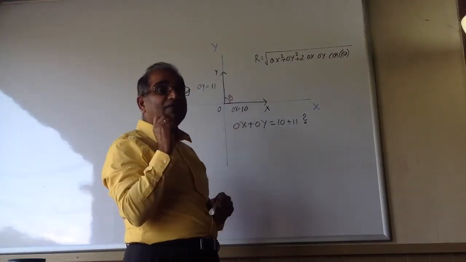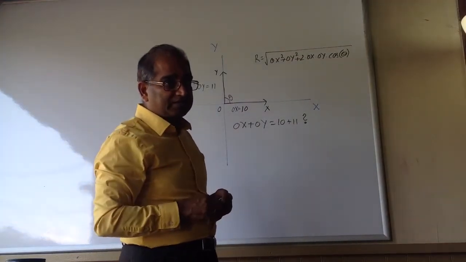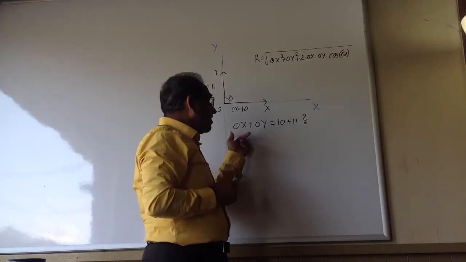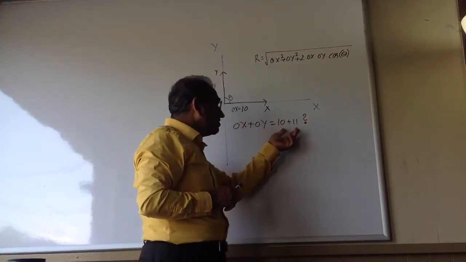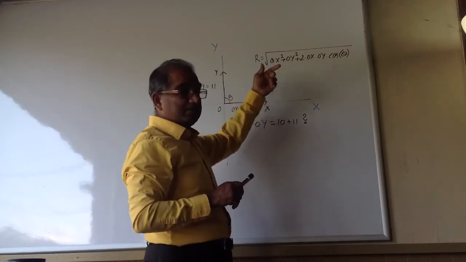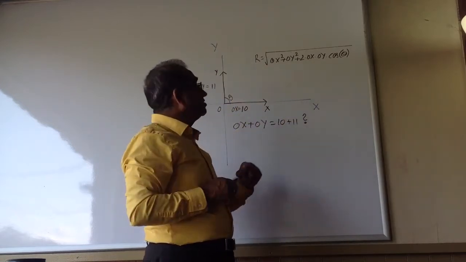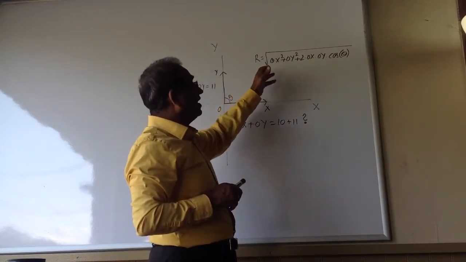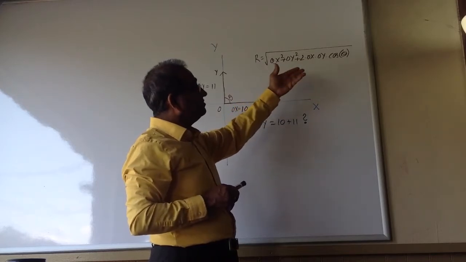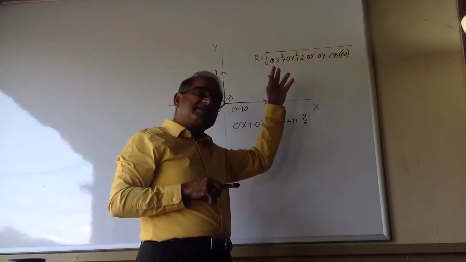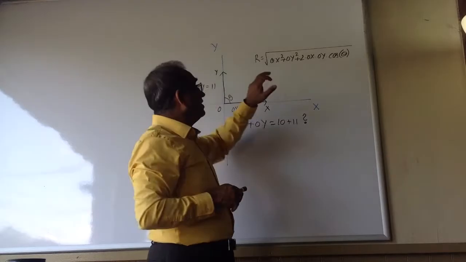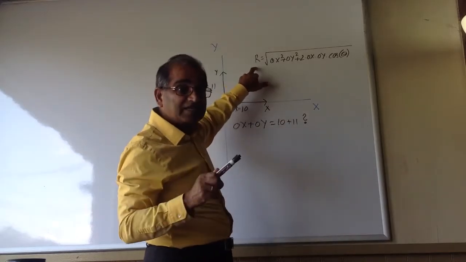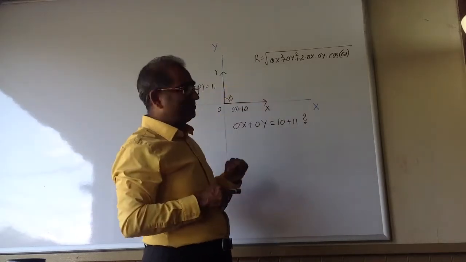Now, we have one more peculiarity here. I added them, I don't get this result, but I get this result. Okay, good. So I know the resultant, and I get some value. Now, is this R a vector or a scalar?